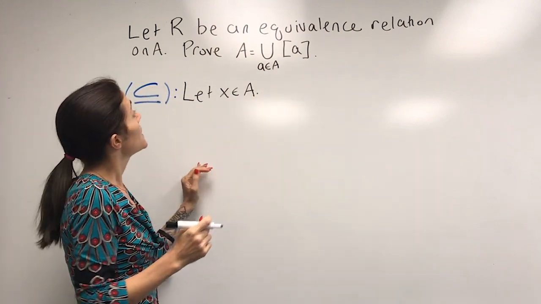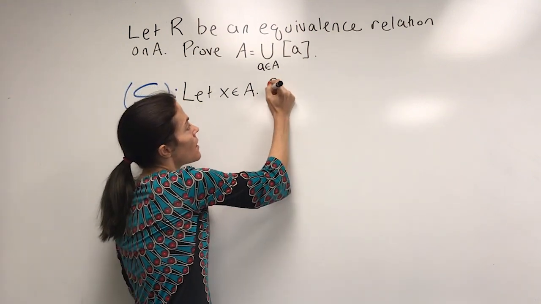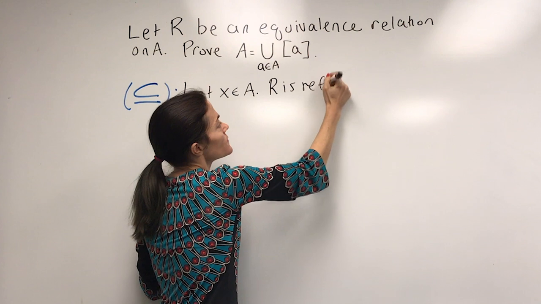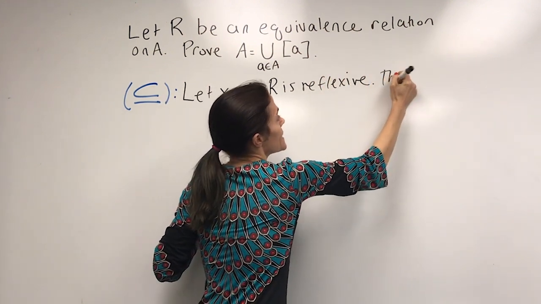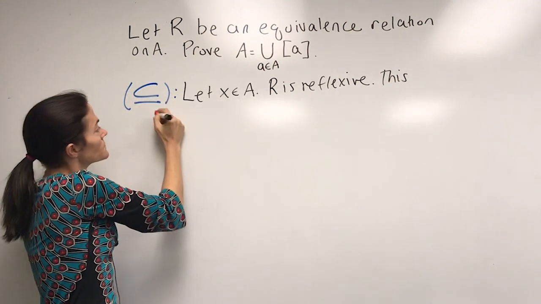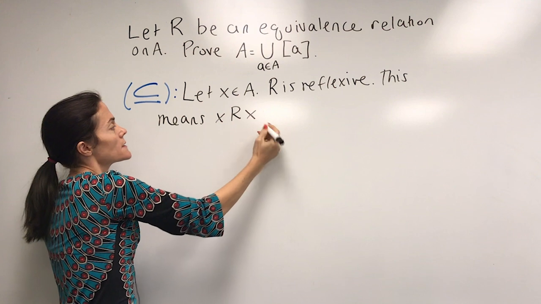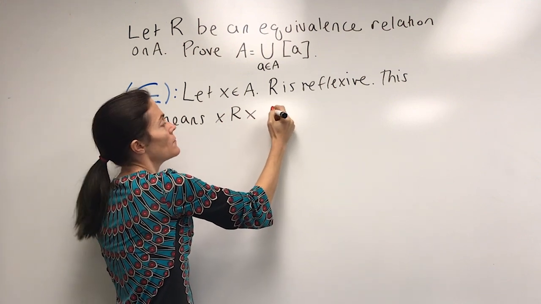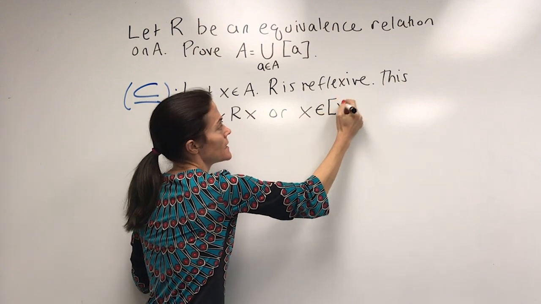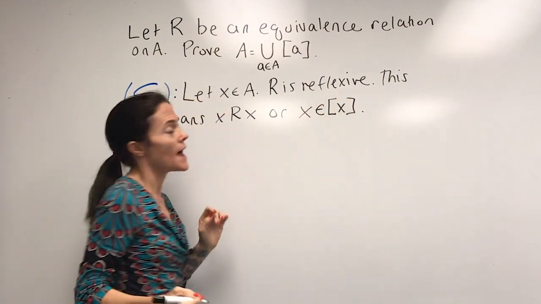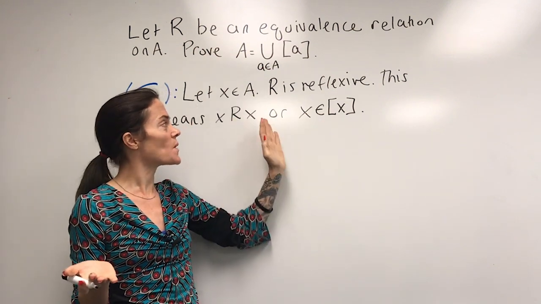Okay, well, R is an equivalence relation, which means in particular R is reflexive, which means x relates to x, or another way to say that is that x is in the equivalence class of x. Now, this is something that we also proved in class, and I could have just quoted it.